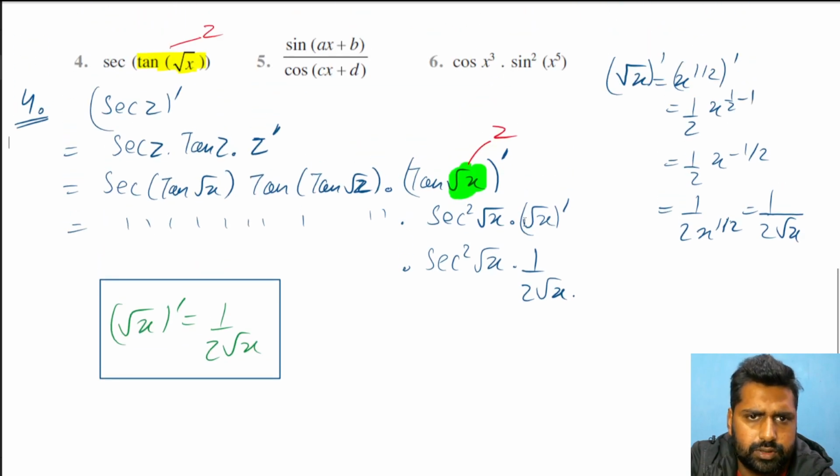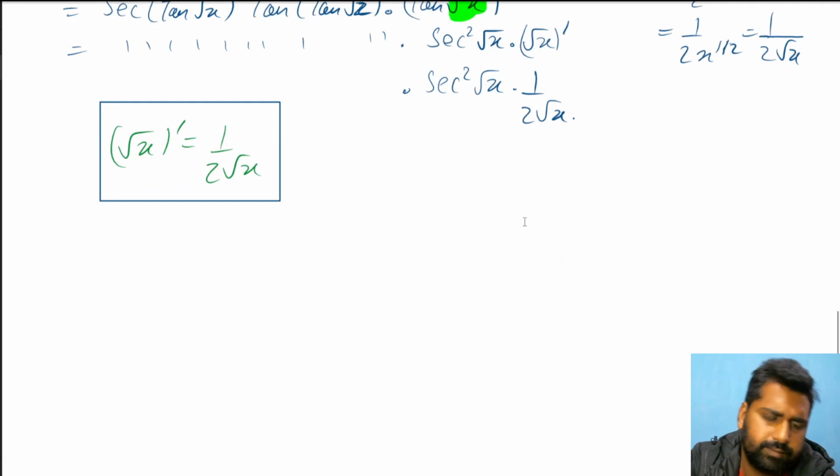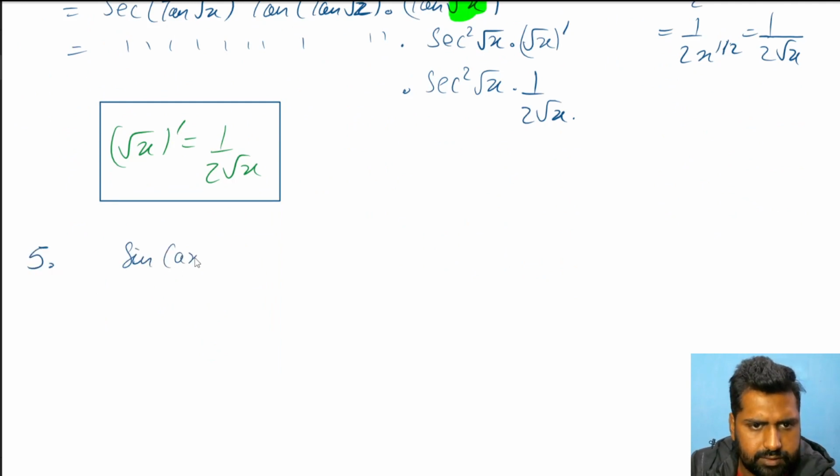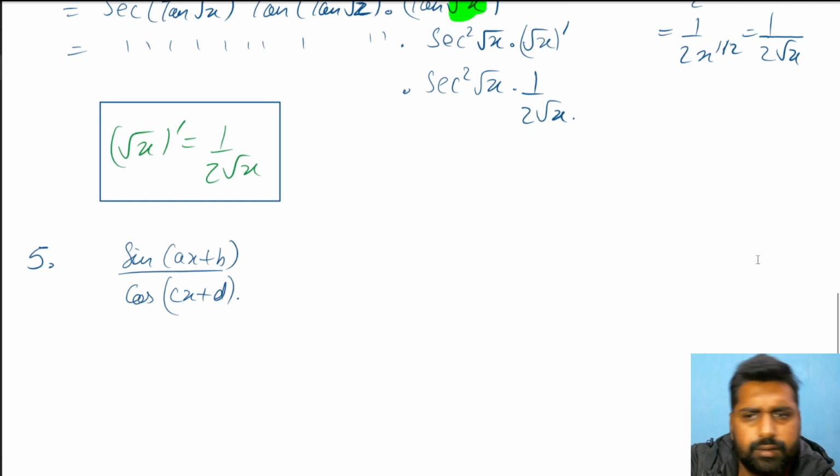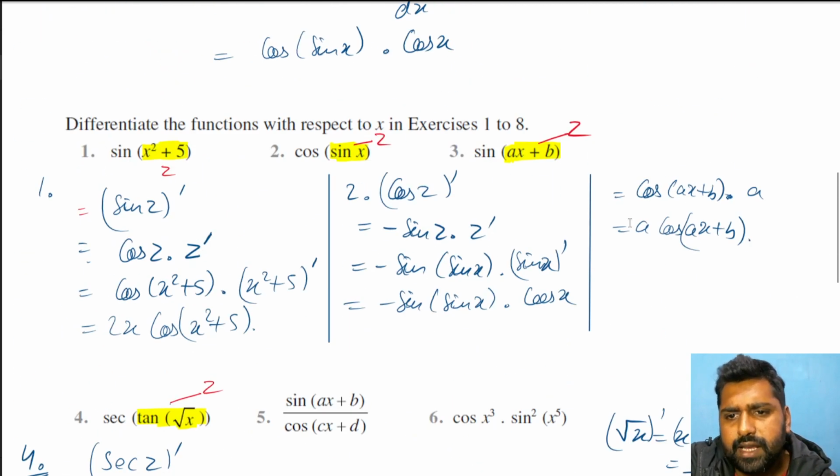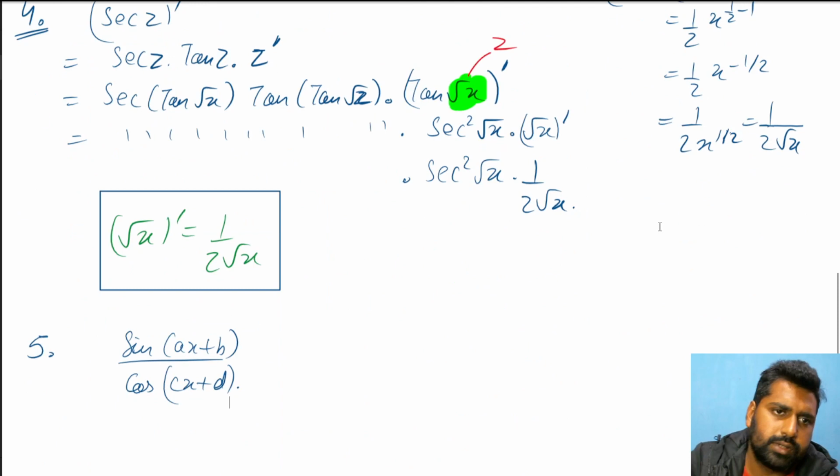next fifth question is sine ax plus b cos cx plus t. Sine ax plus b cos cx plus t. I think we just did sine ax plus b, no? Cos ax plus b. A came out. The differentiation was sine of sine was cos, and a factor of a came out. So again I want to give you a direct conclusion.